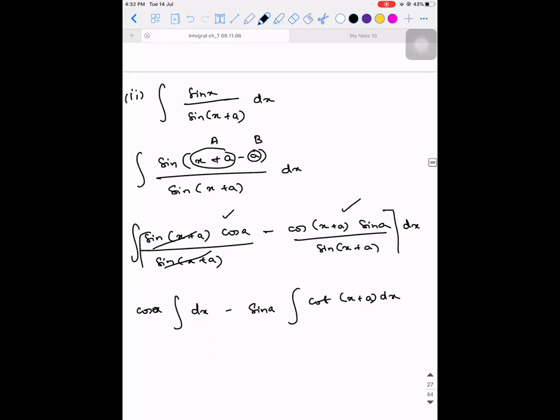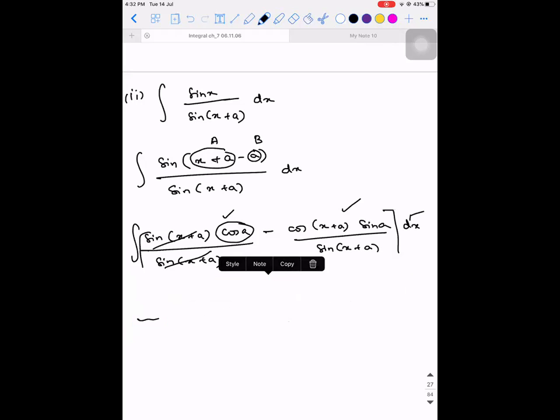Just go through it. Sir, I didn't understand the last step. So cos a, I took it out separately, integral of dx. Okay, wait. Sir, can you explain it again? I had a network issue, sorry. Okay, no issues. So it is the integral of cos a into dx minus the integral of sin a into cot of (x plus a) dx.